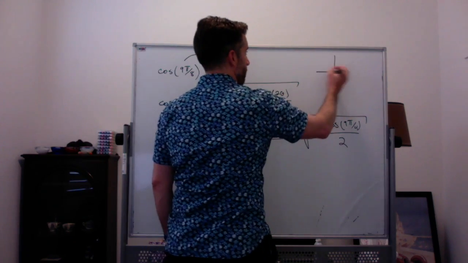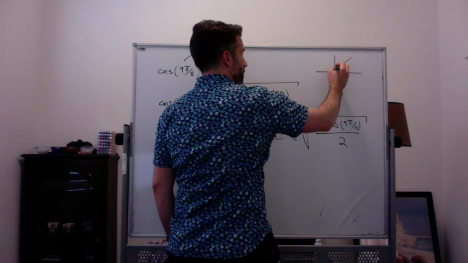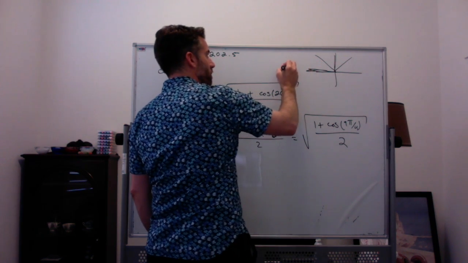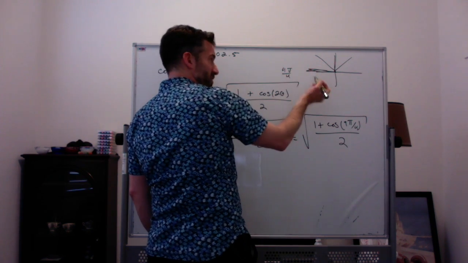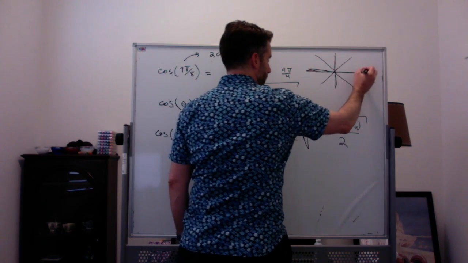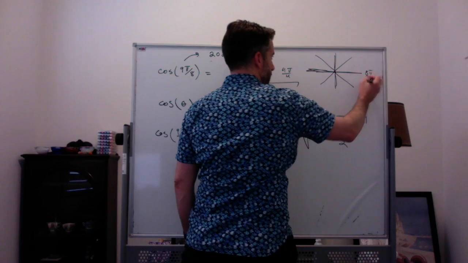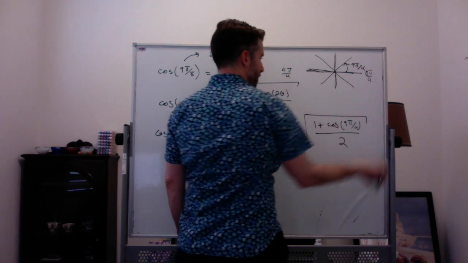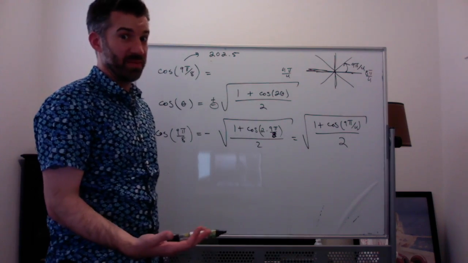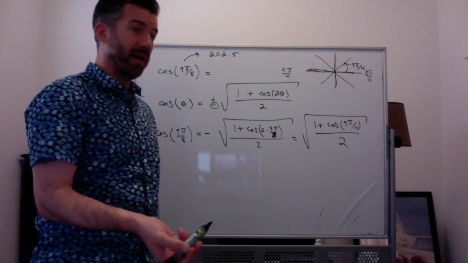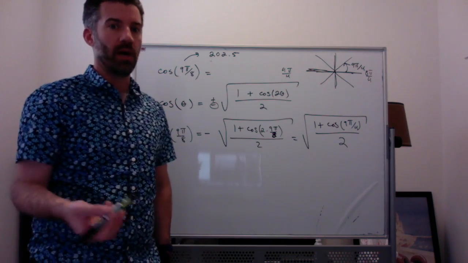We've got 1 pi over 4, 2 pi over 4, 3 pi over 4, 4 pi over 4, which is pi, 5 pi over 4, 6 pi over 4, 7 pi over 4, 8 pi over 4, which is 2 pi, and then 1 more pi over 4 gets us to 9 pi over 4. So cosine of 9 pi over 4 is the same as just cosine of pi over 4, because they're coterminal. And the cosine of pi over 4, which is in quadrant 1, is positive root 2 over 2.